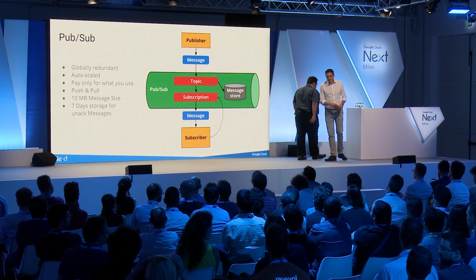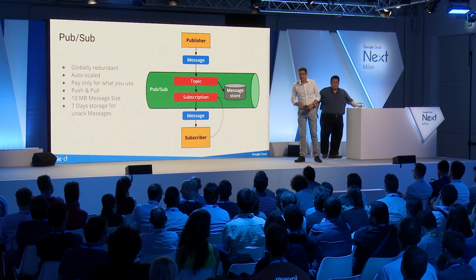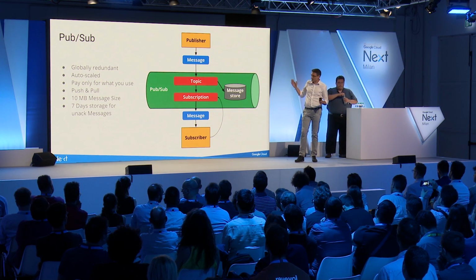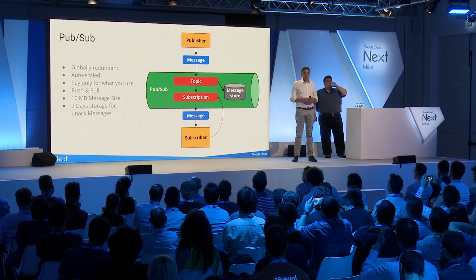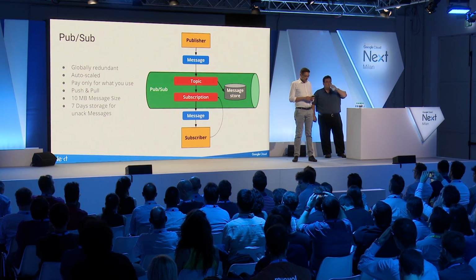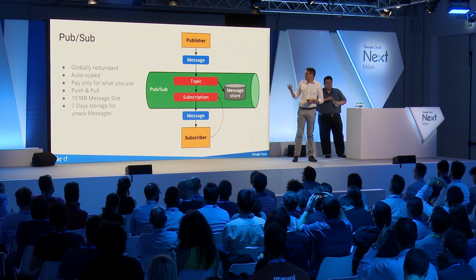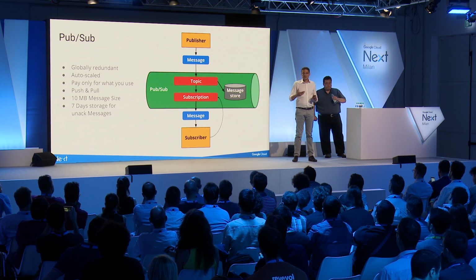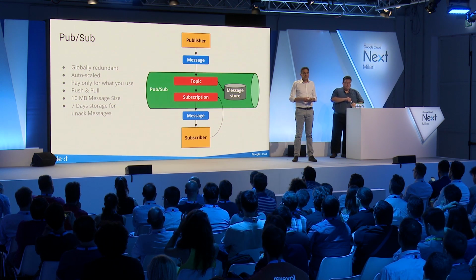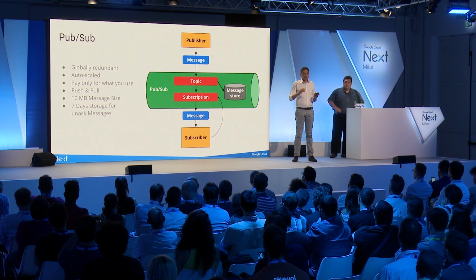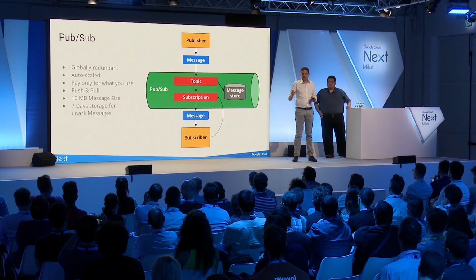Thank you. In the design that Nelson showed, there are 3 hexagons, 3 Google Cloud Platform components. One of these is PubSub. PubSub is a completely managed messaging service that provides asynchronous messaging between independent applications.